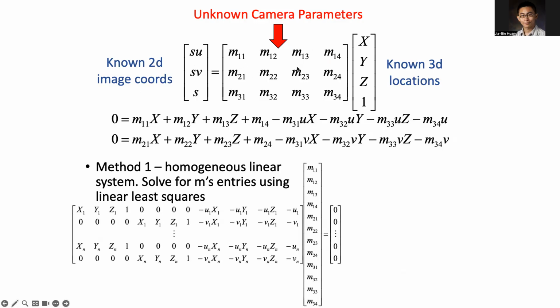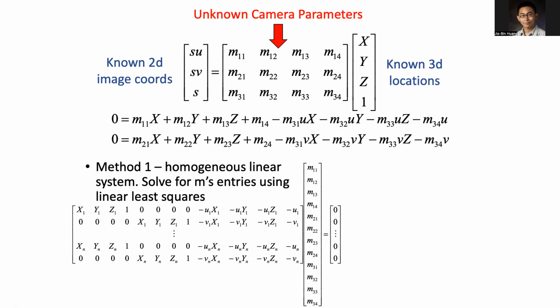So what you do is put all the unknowns into a big vector, and all the remaining parts are put in the big matrix. Then you have the form Ax equals 0. Obviously this m is not all zero, but if you just set m to all zeros, then the zero vector satisfies it automatically.